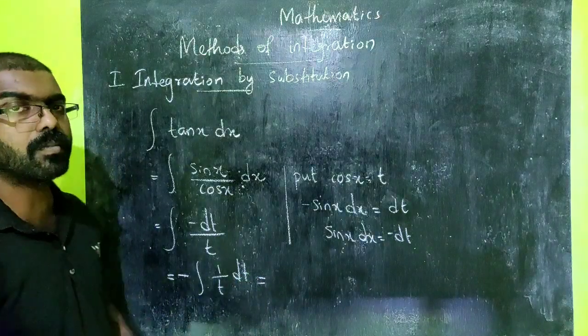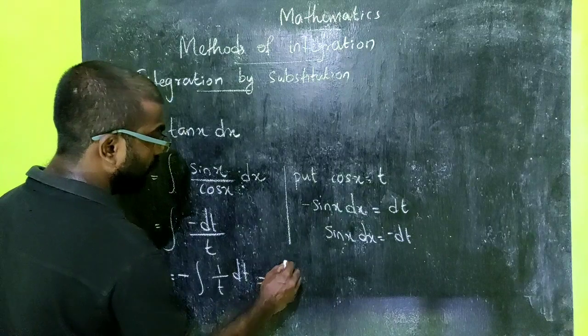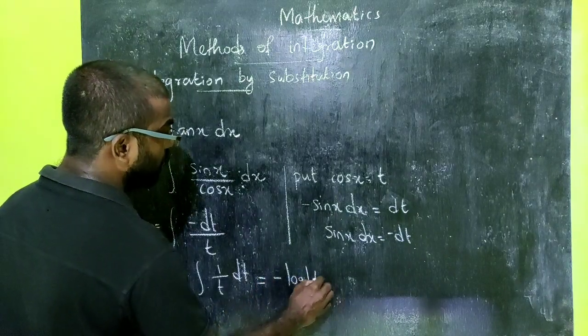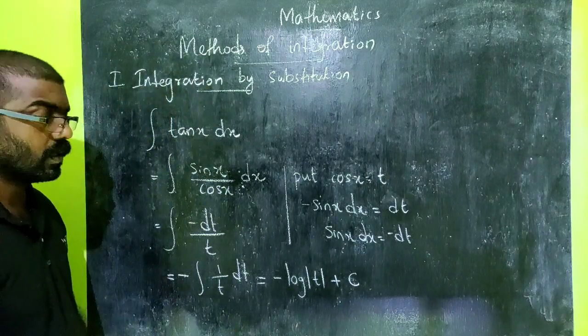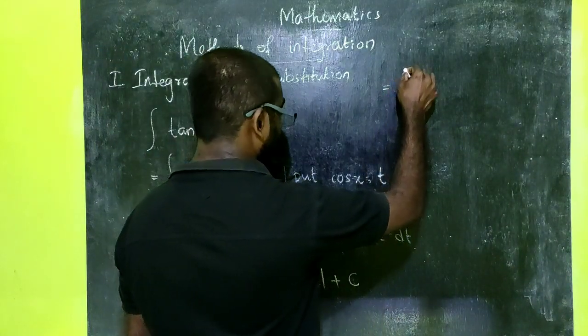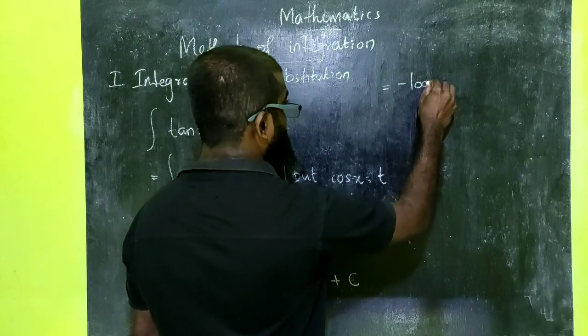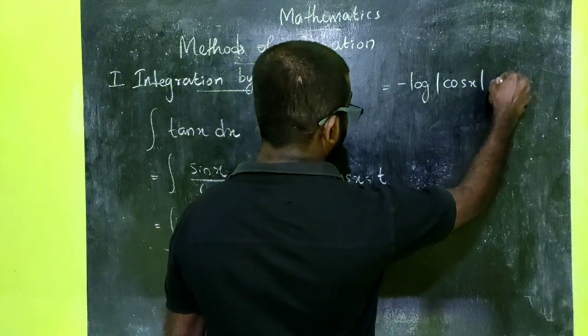We know integral 1 by x dx is log mod x. So here we can write minus log mod t plus integrating constant c. Now we can replace the value of t, which is equal to minus log mod cos x plus c.